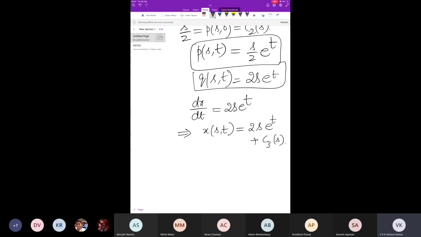C3 is also 0 because the x at the initial point is 0.